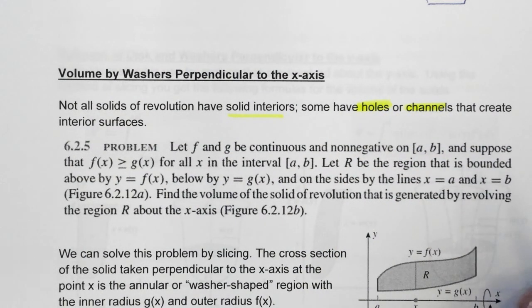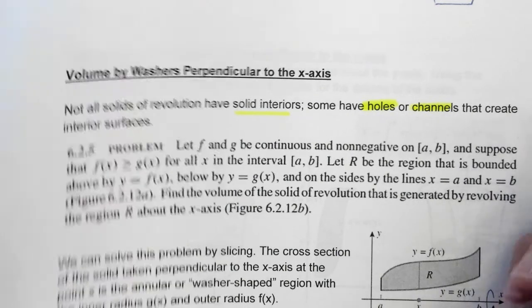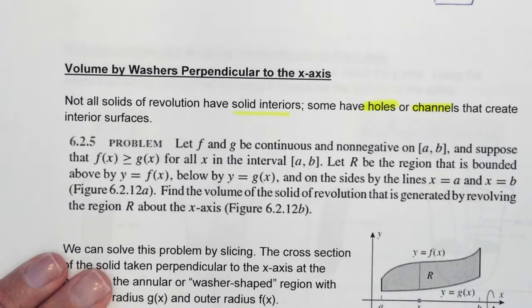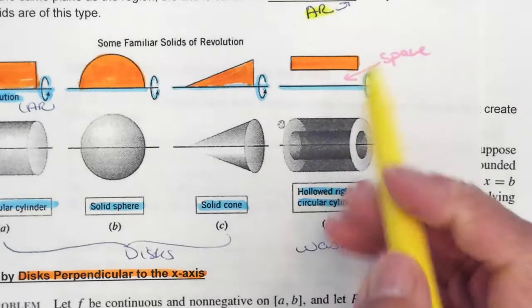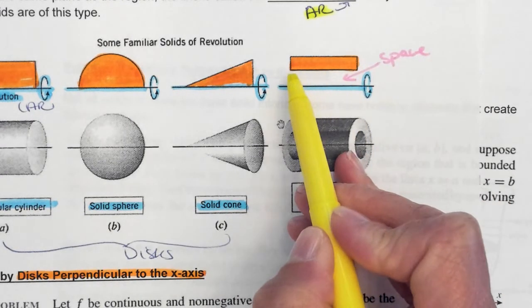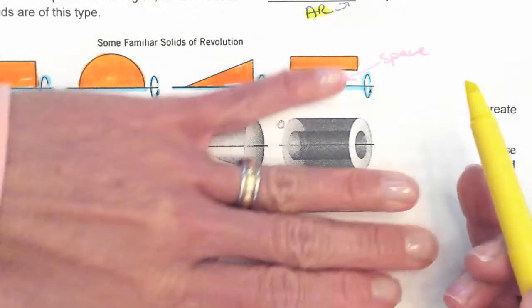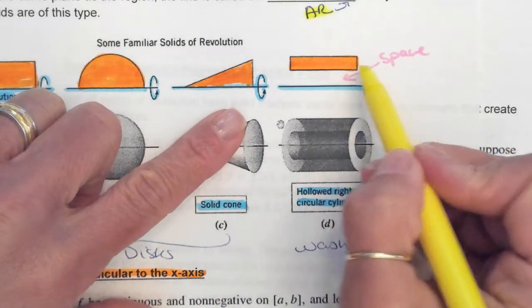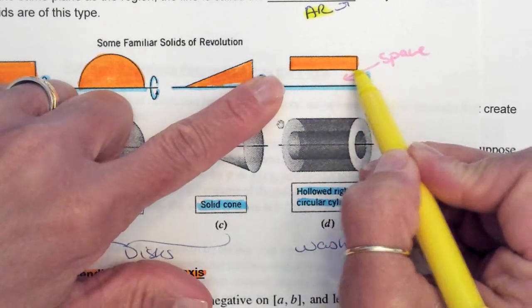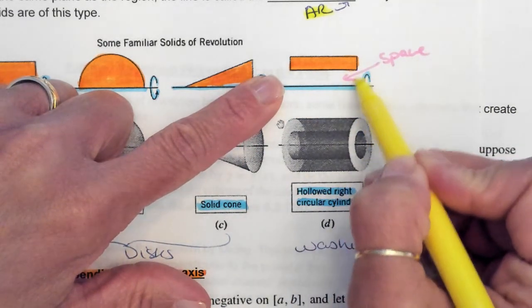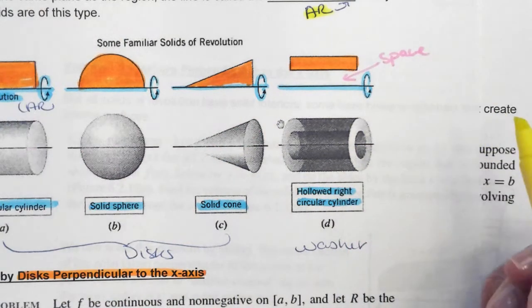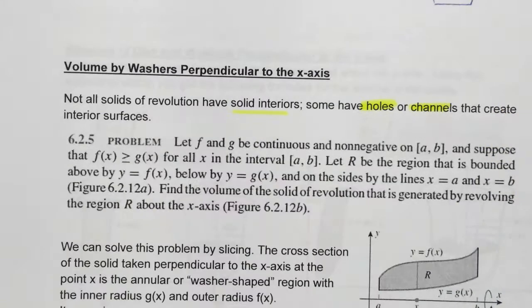So remember I said that you wouldn't necessarily have a situation where your solid is going to be totally parallel. You could have something where maybe there would be a line here and this would be all filled in and this channel would be open here. So it's just going to create a very small hole, but it's still considered a washer.